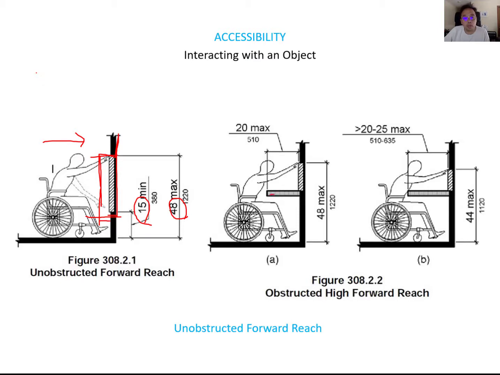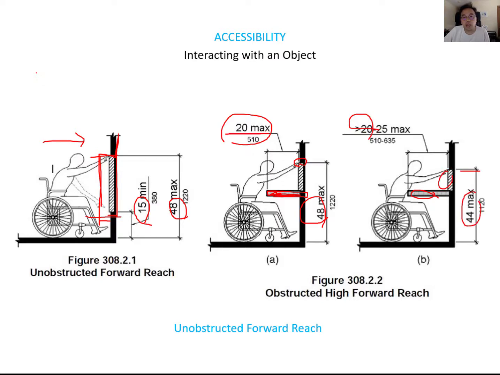But also when you have any obstruction, which is usually a countertop or sink top, like this kind of table, the reach can extend over up to 20 inches maximum. When you have the 20 inches maximum, this reaching area can reach up to 48 inches. However, if this countertop is more than 20 inches but less than 25 inches, this reaching area is reduced to 44 inches.